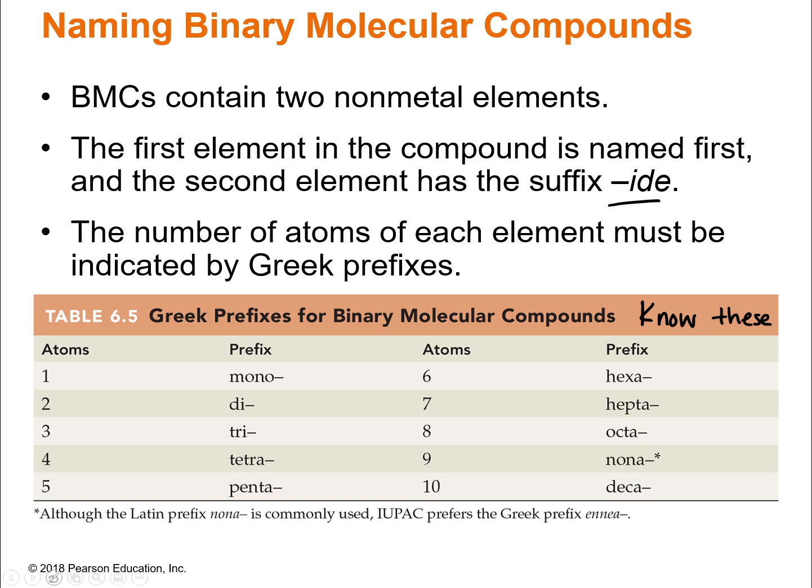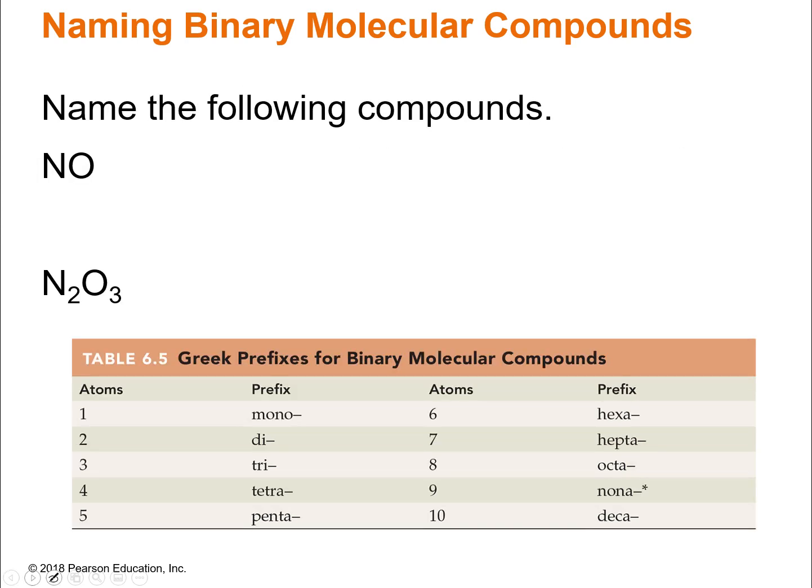Now I'll walk you through some examples so you can see how the naming works. We've got two compounds and they both have nitrogen and oxygen, but the ratio of nitrogen and oxygen is different, so they'll have different names. The first element that we see is nitrogen. There's only one of them. If there's only one of the first element, you don't use mono.